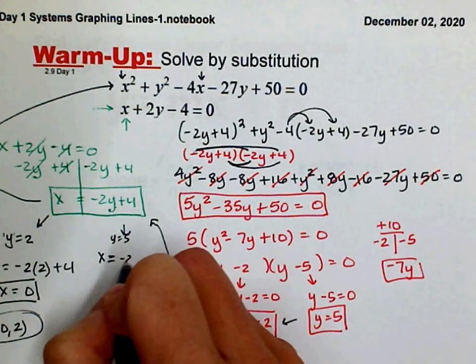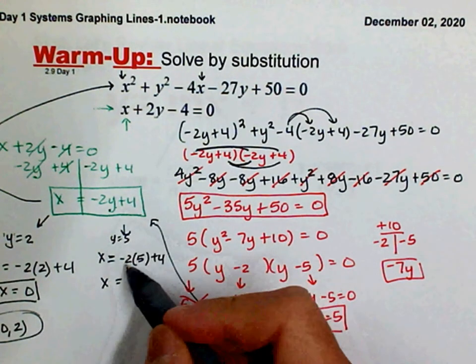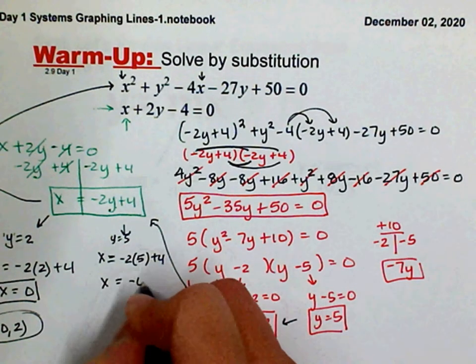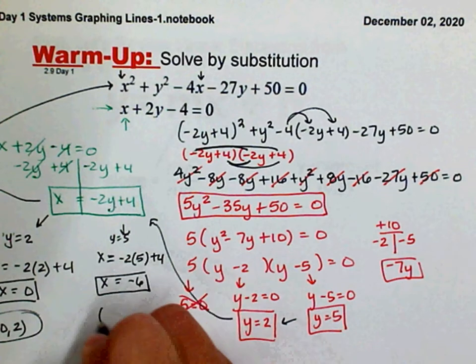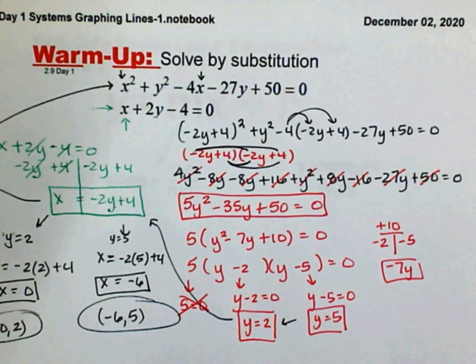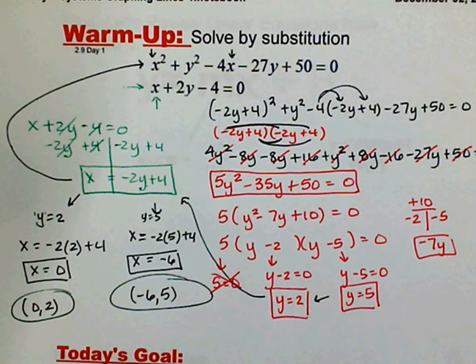So negative 2 times 5 plus 4. X comes out to be 2 times 5 is negative 10 plus 4 is negative 6. So the answer to this one is negative 6, 5. There's your two intersections. Okay? And there you have your systems by substitution.